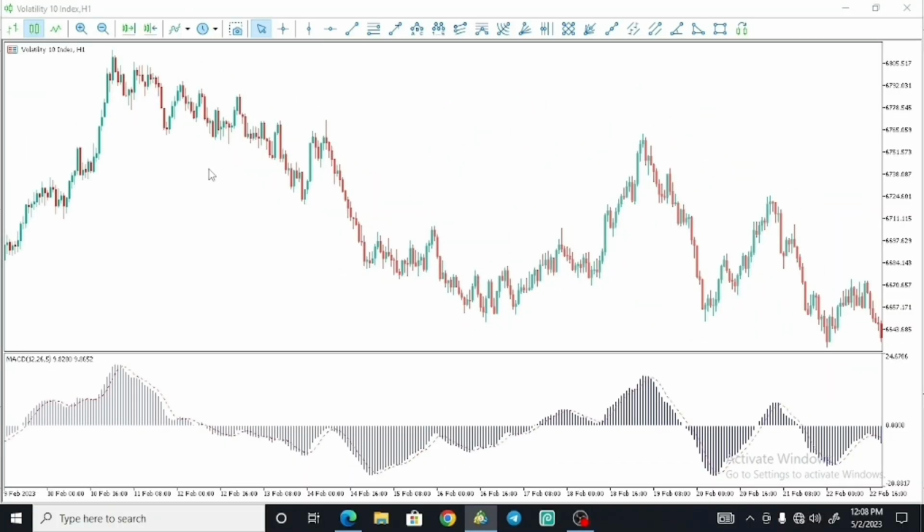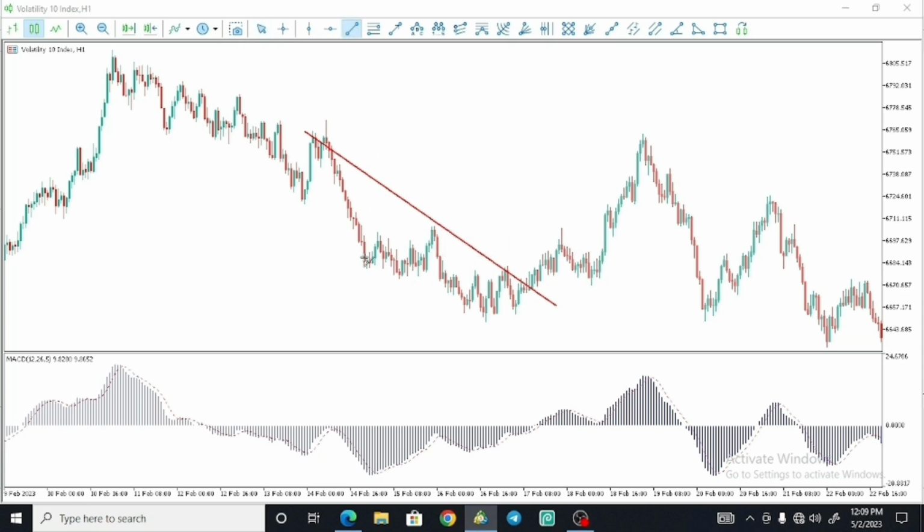So if you look at this, you can see that this market has been trending to the downside for a long time. So I can draw a trend line right here, which connects these 3 points right here. Number 1, number 2, and number 3, right? So if I connect these 3 points, the next thing that I want to do is look into the MACD and see if we have some shift in momentum.